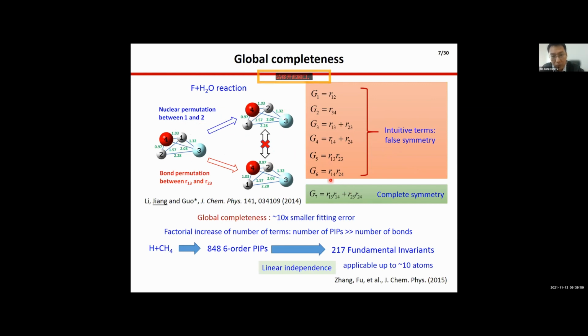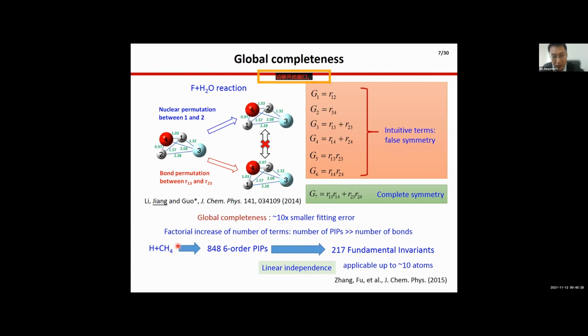Then to break this force symmetry, you have to introduce additional terms which lead you to the global completeness in PIPs, and this will lead to a much smaller fitting error, but the price you have to pay is to afford the huge number of PIPs, much larger than the number of bonds you have in the system.